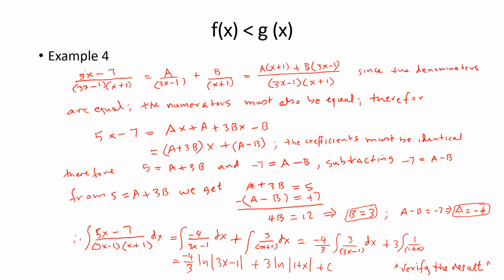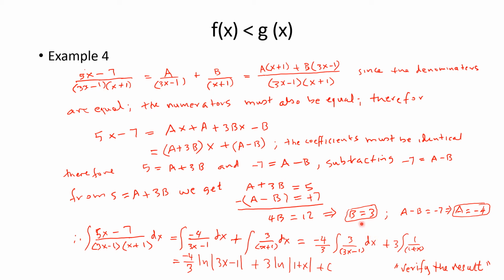And the negative will cancel A with the A, and we get 3B minus negative B, so we get 3B plus B, because when I execute, the negative A will be negative, but B will be positive. This is 3B plus B, which will give us 4B. And on the right hand side it will give us 12. You can check it out. This means that 4B equals 12. That means B is equal to 3.